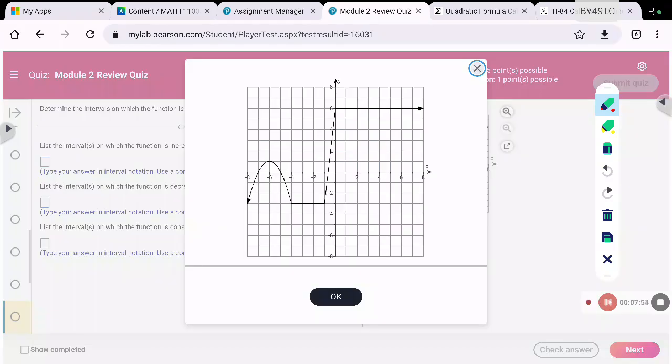On the next problem, I'm going to do the same thing since it's asking me the same questions, talking about increasing, decreasing, and constant, coming in from the left side, starting at -infinity. I'll run into the graph on the left side, and the values are going up, so that'll be an increase until I get to that turning point, and then they'll go down.